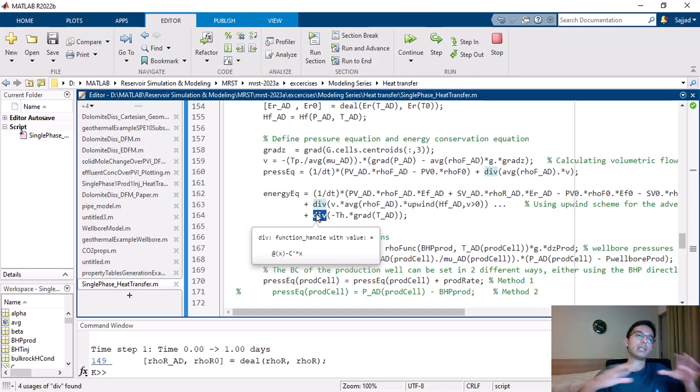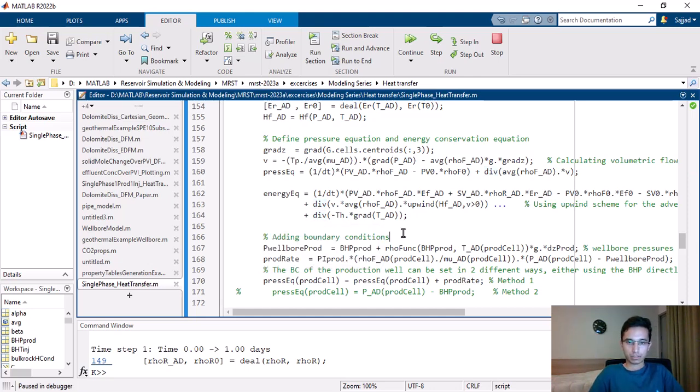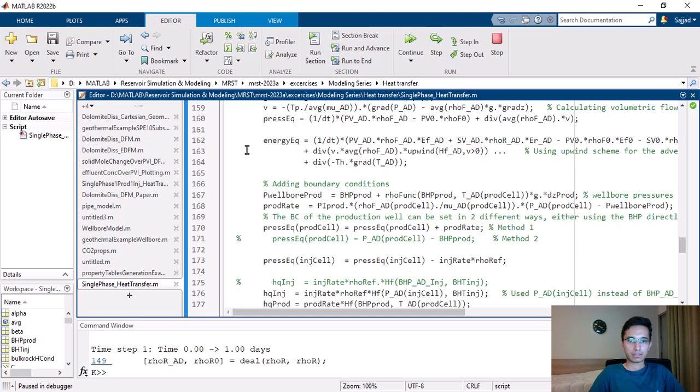And actually all the grid cells. So we ultimately need to calculate this for all the grid cells, but I was just referring to only one grid cell. So this was the last term, which was the conduction term, and in this way the energy conservation equation is written.